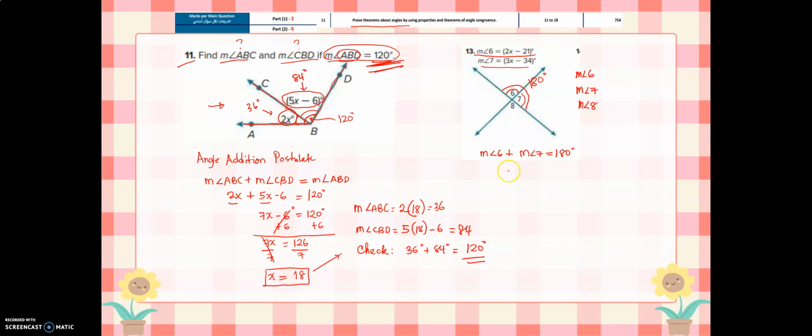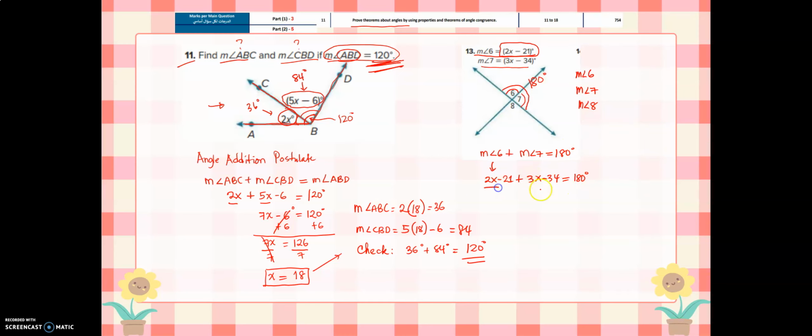As we can see, we can use these values now to find the value of x first. Now we have 2x minus 21 plus the measure of angle 7, which is 3x minus 34, which is all equal to 180 degrees.